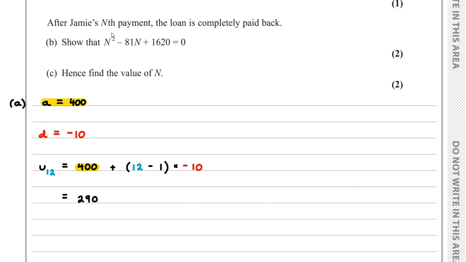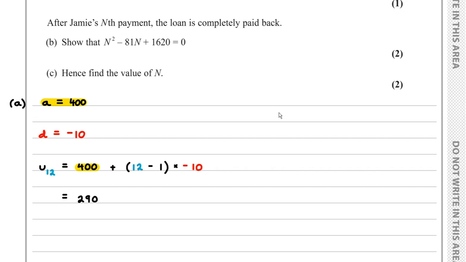After Jamie's nth payment, the loan is completely paid back. Part B. Show that n squared subtract 81n plus 1620 equals 0. In this question, we have to realize that we've paid back the loan completely.